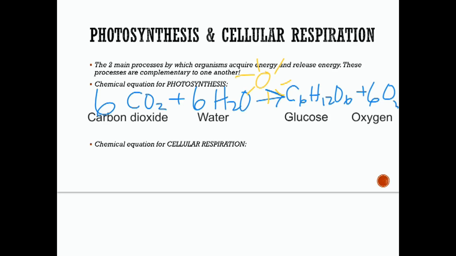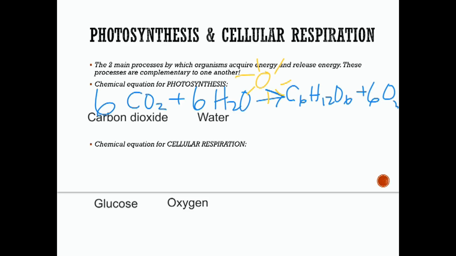All right, so get this. Now, just a little bit about cellular respiration. The products of photosynthesis are the reactants in cellular respiration. So check this out. We're going to take our glucose and our oxygen, which were the products, but now they're the reactants of cellular respiration.